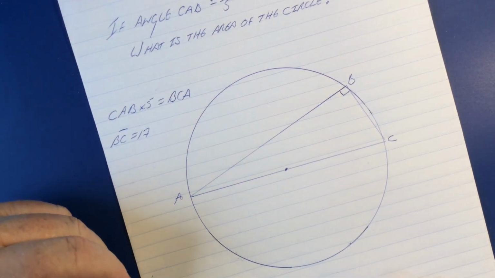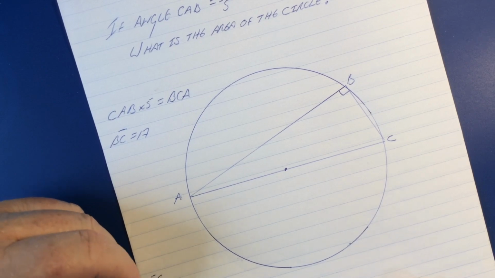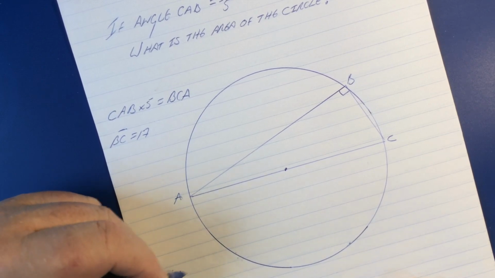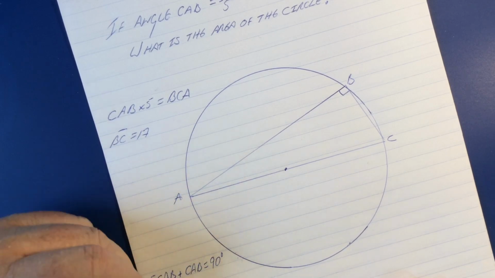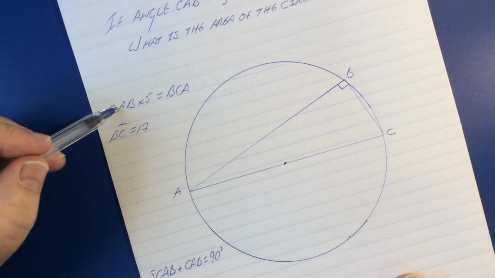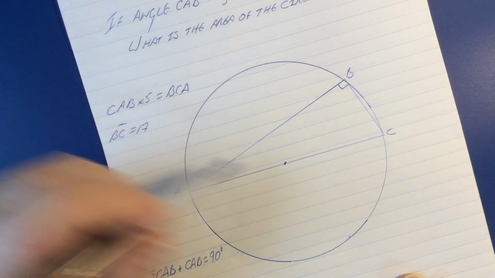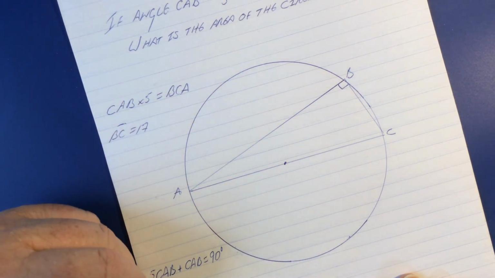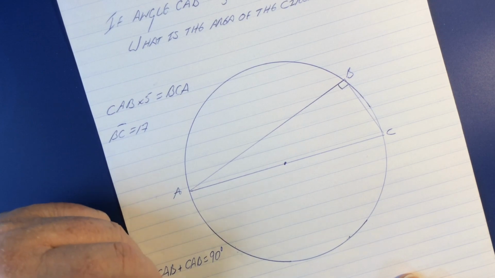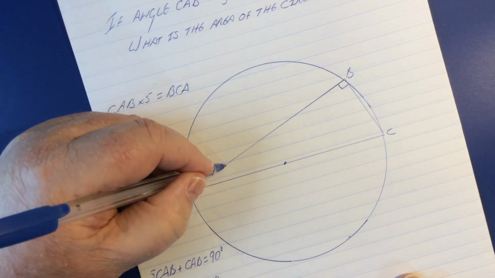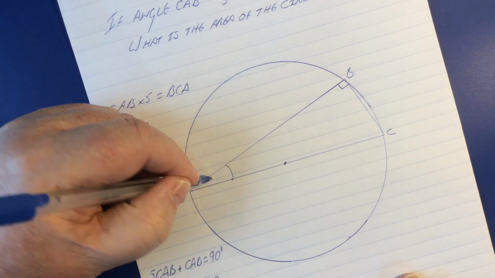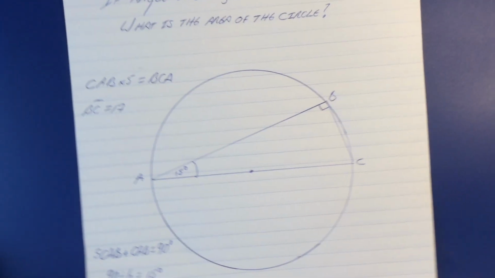So 5 CAB plus CAB equals 90 degrees. So 6 lots of CAB, this angle here, must equal 90 degrees. So 90 divided by 6 will give us 15 degrees. That thing there is 15 degrees.